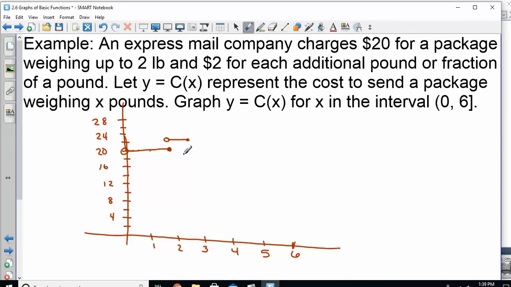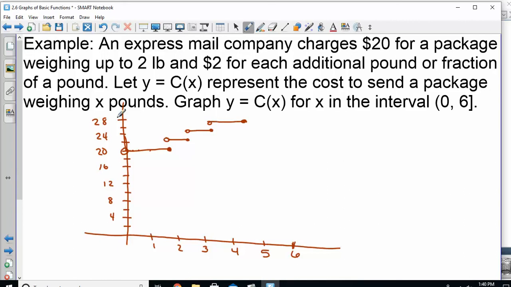Okay, when you go past the 3 pounds, what do you pay? 24. It goes up another 2, and you're going to stay there until you get to 4 pounds. So then we go up to 26. And we're going to stay there until we get to our 5 pounds.